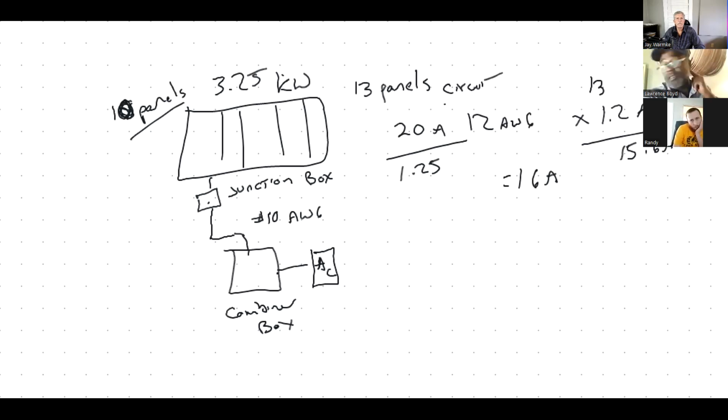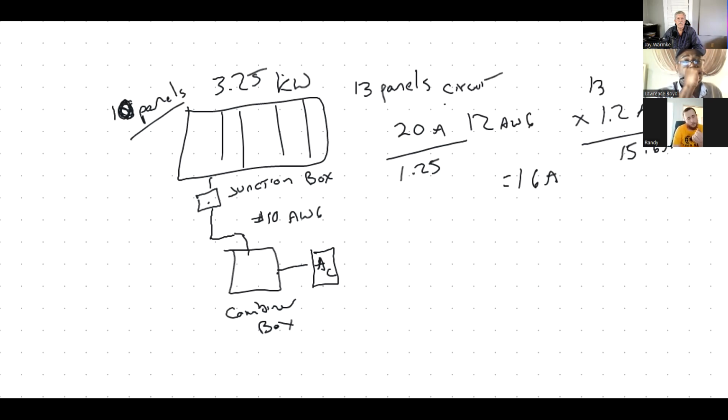Within 10 feet of the utility panel. Within 10 feet of the meter, the electric meter, that's considered the interface. It has to be externally operable, and it has to be well marked as the main disconnect for the solar array.